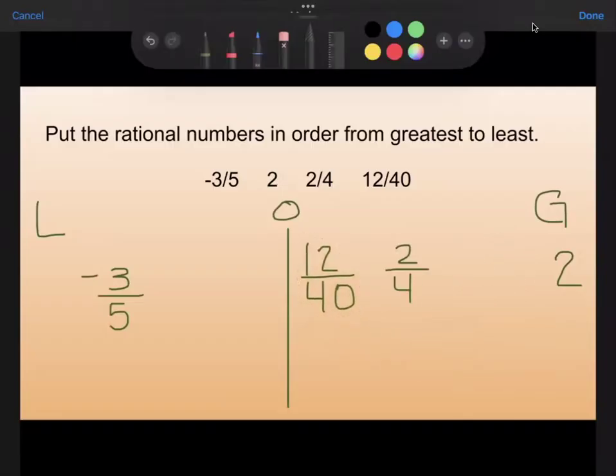So now this is the order from least to greatest, but they wanted the order from greatest to least. So I'm going to write that backwards. That's going to put 2 here, then 2/4, then 12 over 40, and last -3/5. So that would be the order from greatest to least.